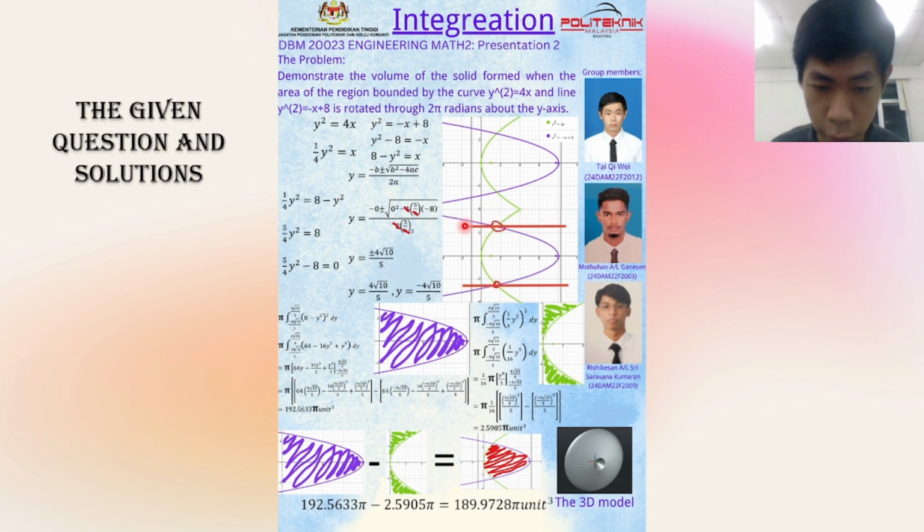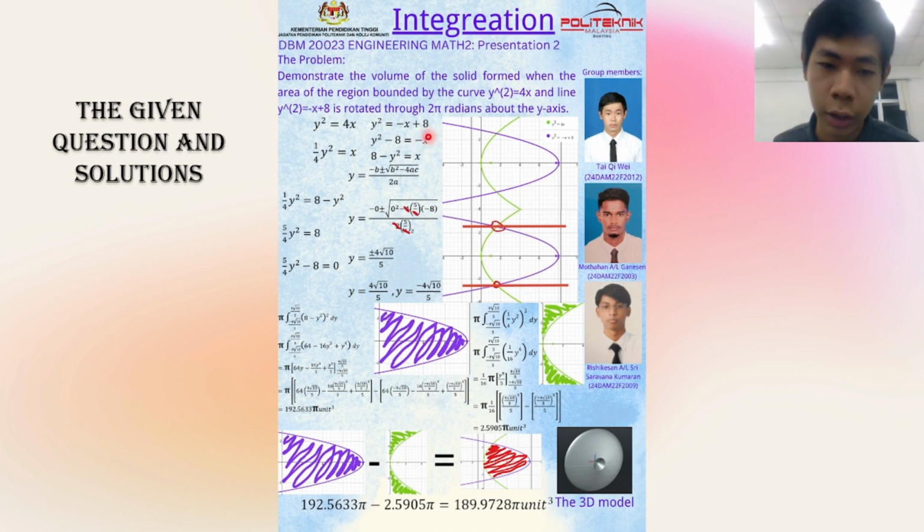As you can see, I already drew it out to show that this is the part that we need to integrate to find the volume. The first thing we need to do is move everything besides x to the right-hand side. This one is just 4, so when you move it across the equal sign, you get a quarter of y squared, and the other is y squared minus 8, but we still have a negative x.